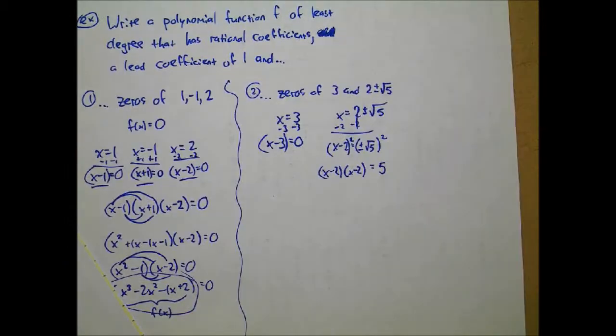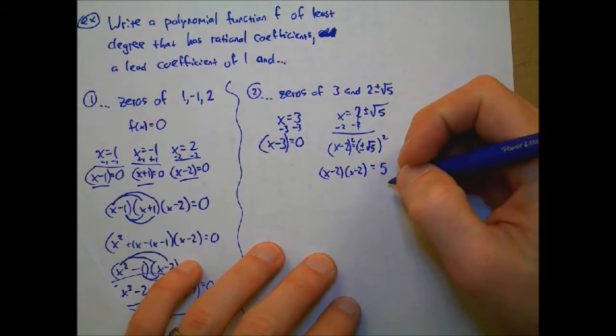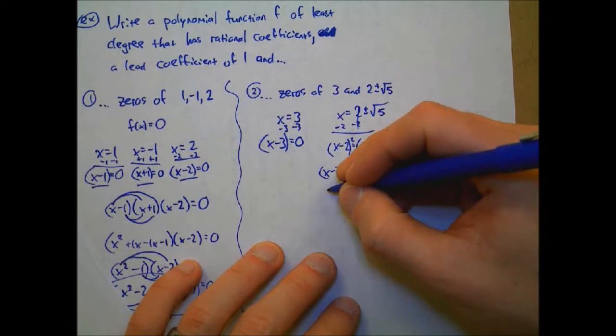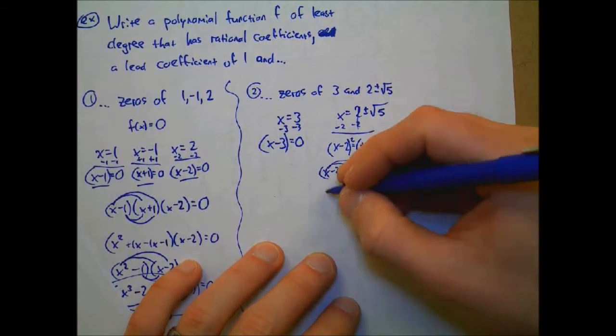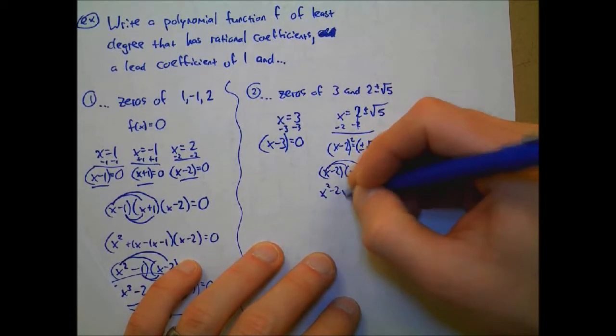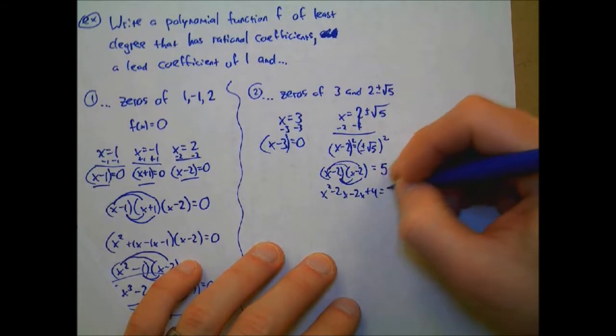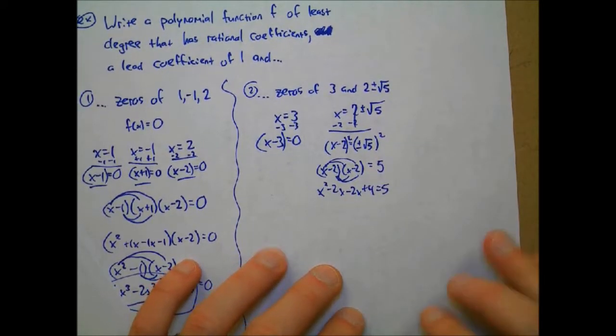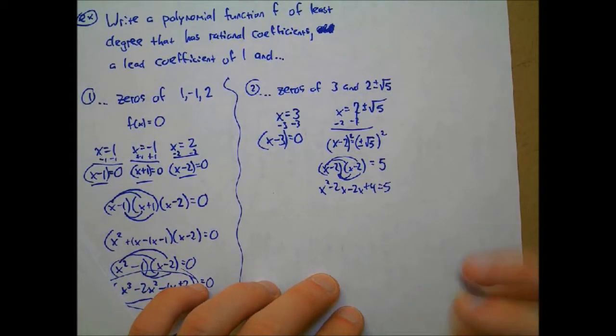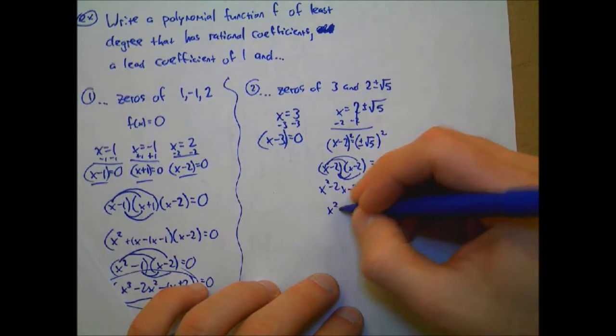And then I'm going to multiply this out. So, x times x is x squared, x times minus 2 is minus 2x, and then plus 4, I should say, equals 5. I'll combine like terms, so I get x squared minus 4x plus 4 equals 5.